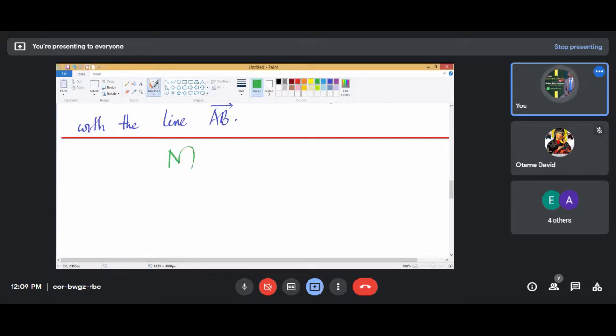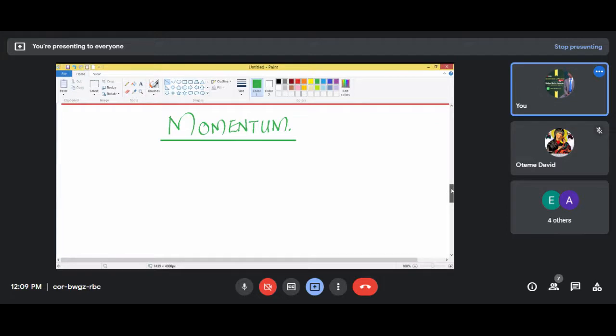If you've been updating your notes on a new heading, write this: momentum. Momentum becomes our new chapter.